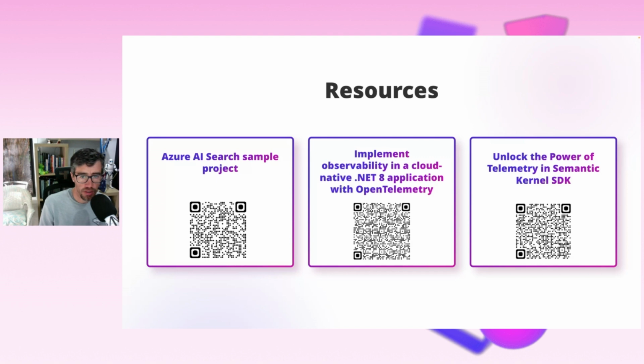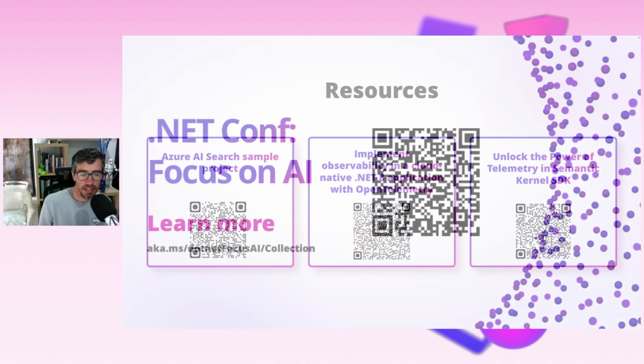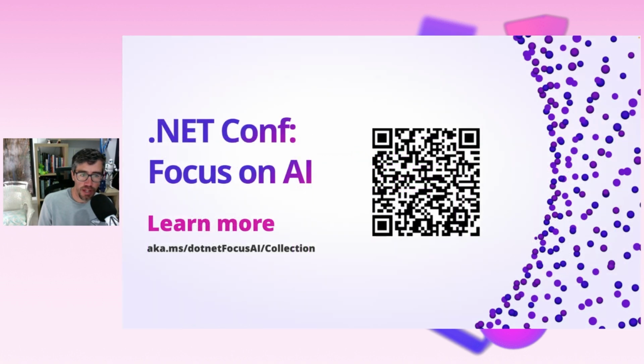There's a great session on observability, .NET 8 and OpenTelemetry. And there's a blog post from the Semantic Kernel team about what they do with telemetry, which again is using and heavily invested in OpenTelemetry, how they capture spans, metrics, and stuff like that in Semantic Kernel. And then lastly, there's a collection available for everything that's in the sessions today.